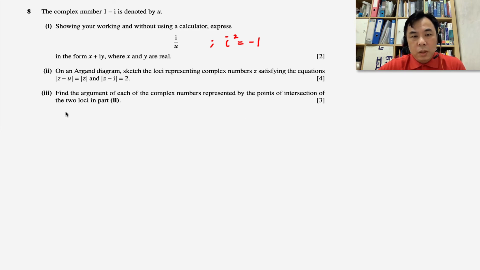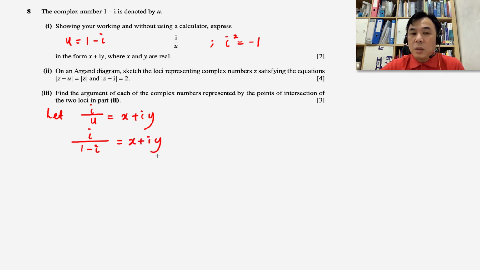We will let i over u equal x plus iy, because they want us to write this in this form. Now, knowing that u is given as this, I just rewrite that one more time. Now, all I need to do is just solve this algebraically.